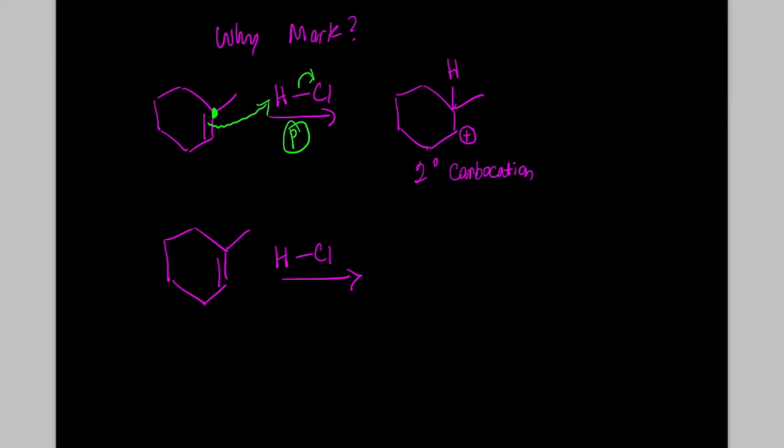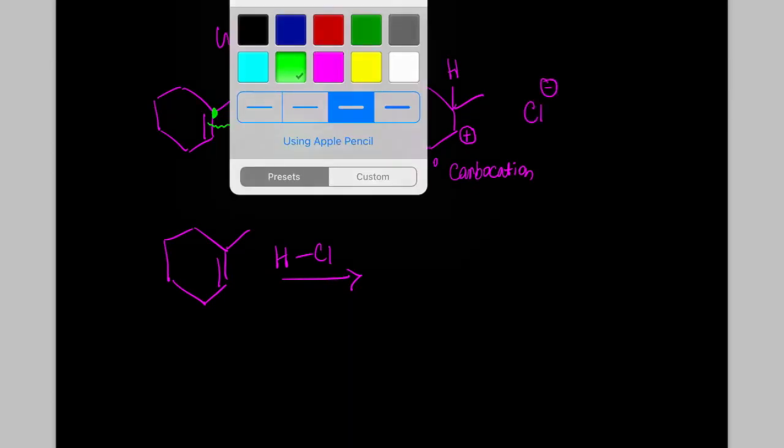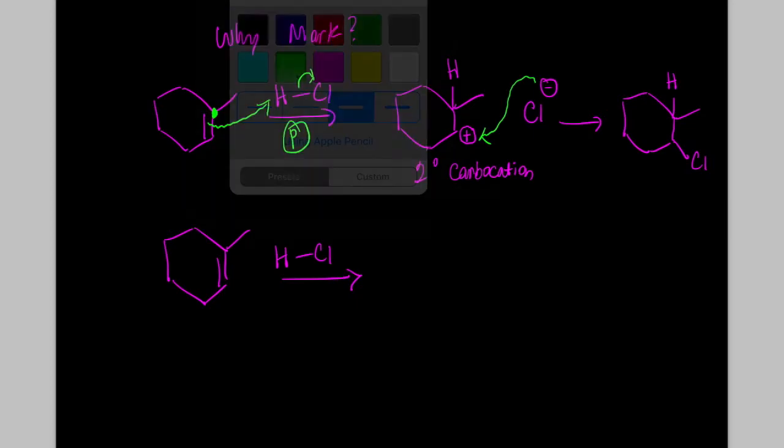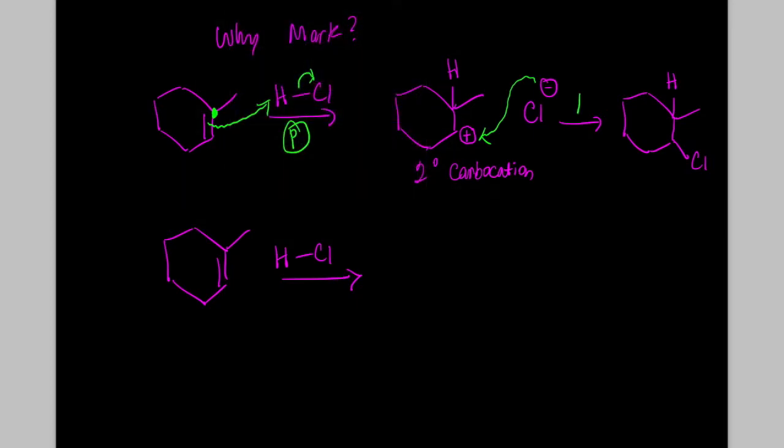All right? We have chloride floating around, and then again we can say, well, that chloride is going to pop on here, okay, nucleophilic attack, to give you the final product. All right, so you get the chlorine here, and you get the hydrogen here, okay? And that step is called attack, all right?